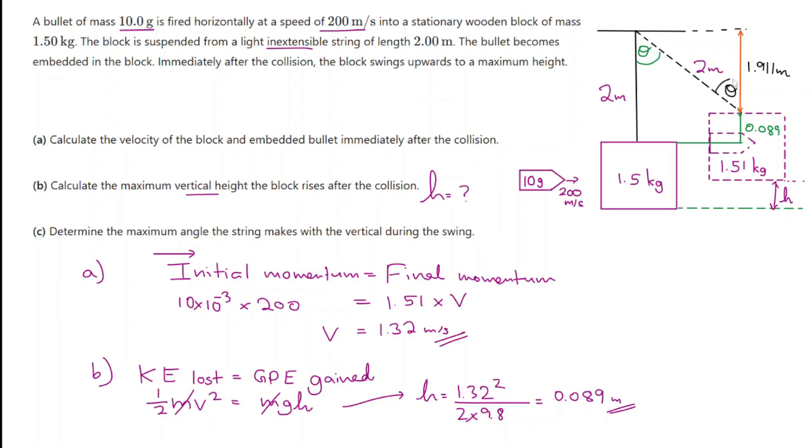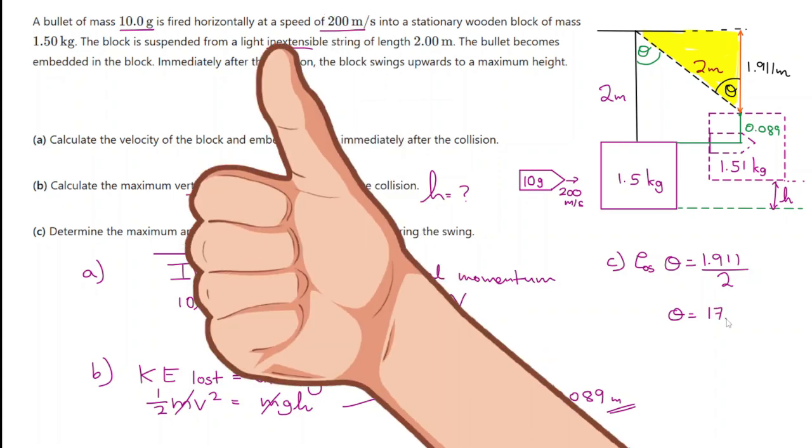This one here is theta, and now I'm looking at this triangle here. So I can clearly see cos theta is equal to adjacent, 1.911, over hypotenuse, 2. So I can work out theta as 17.2 degrees.